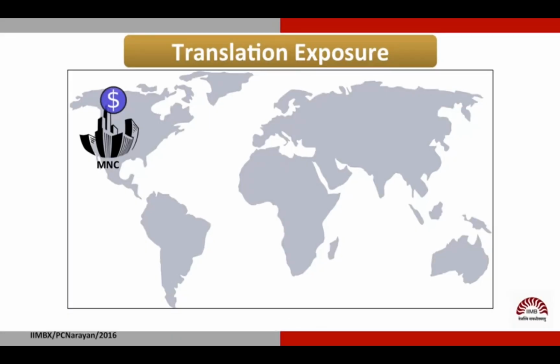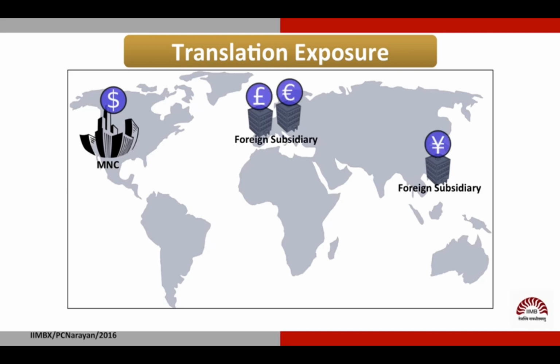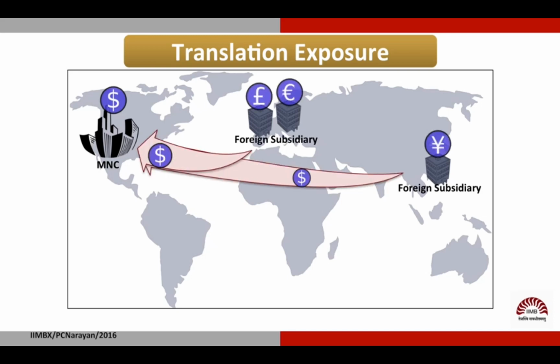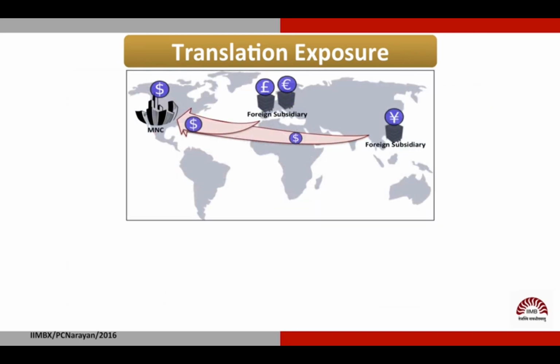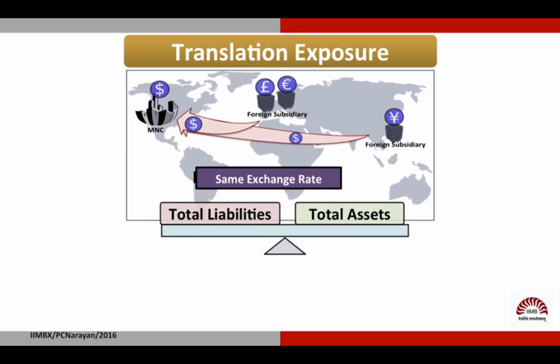1. The financial statements of the foreign subsidiary expressed in a foreign currency are to be restated in the parent company's reporting currency. 2. If the same exchange rate is used when translating all lines in the balance sheet, there would be no imbalance. In other words, total assets will be equal to total liabilities.